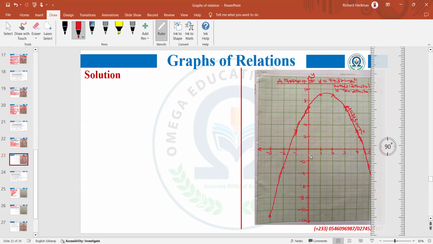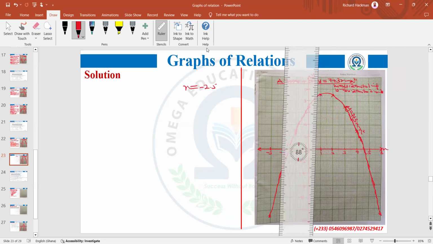Meaning, maybe the question asks you to find the value of y if x is equal to 3. Let me use maybe negative 2.5 instead. What you do is fix your negative 2.5, which is here.